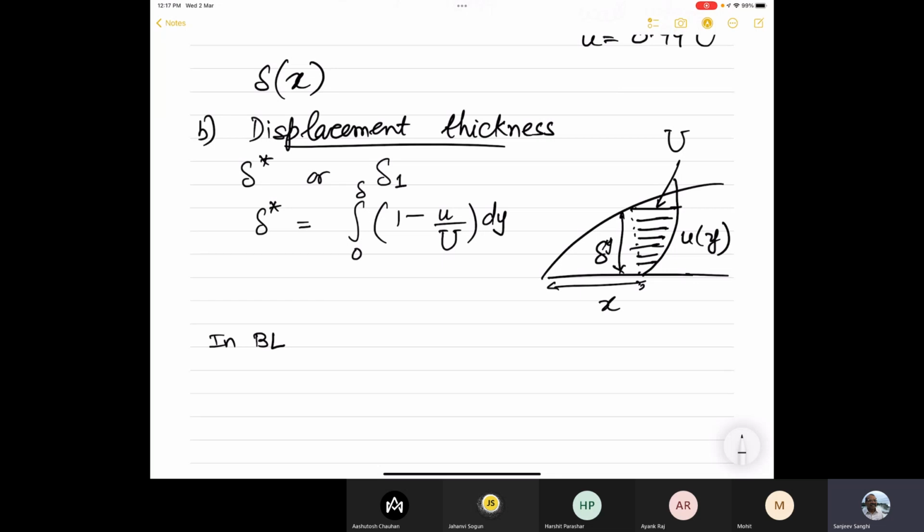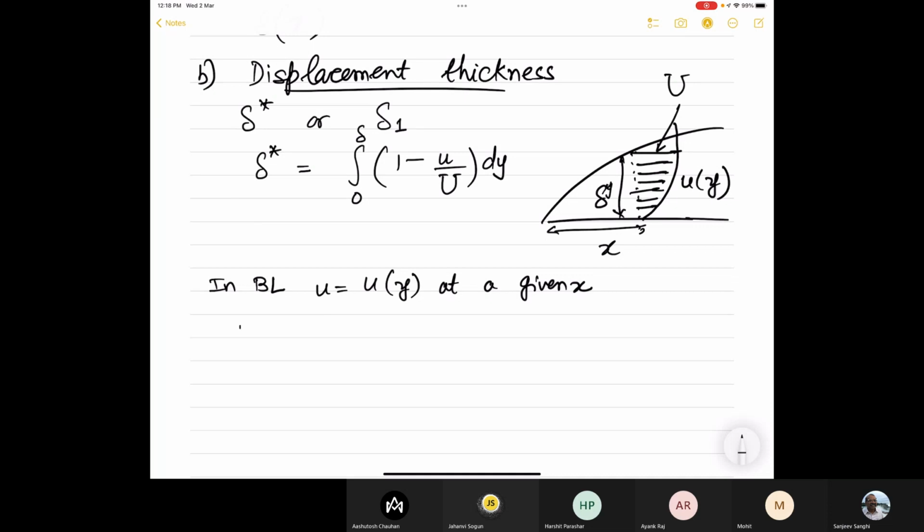In the boundary layer, small u is equal to u of y at a given x. So the actual mass flow rate, and obviously we're talking of a 2D case, so this is per unit width.